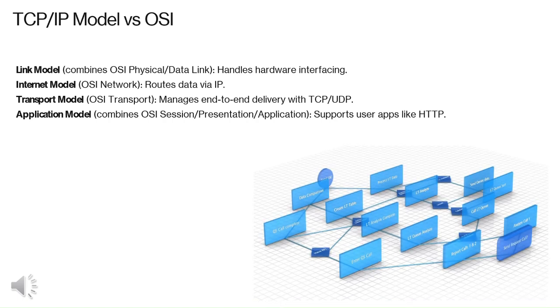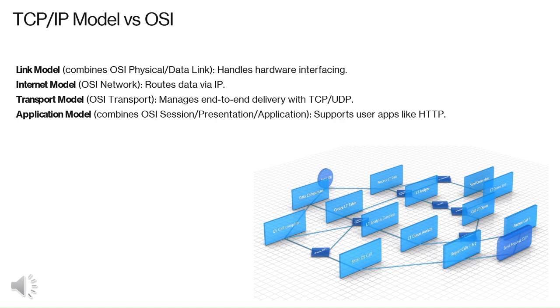Now we are going to talk about the TCP/IP model versus the OSI model. There are four layers: link protocols, internet protocols, transport protocols, and application protocols. While OSI is theoretical, the TCP/IP model is the real-world protocol suite that powers the entire internet.